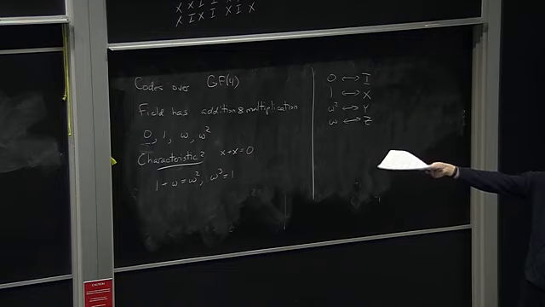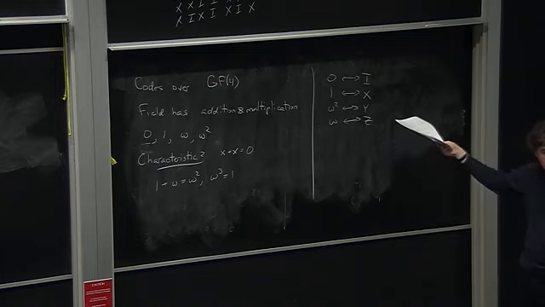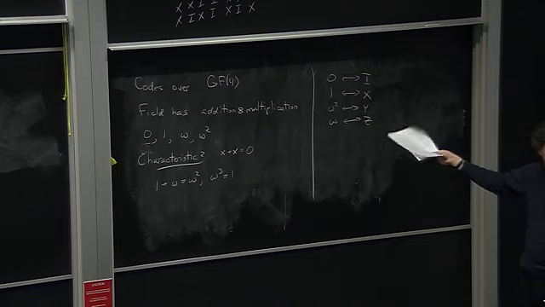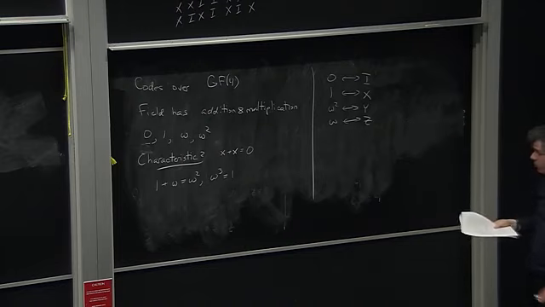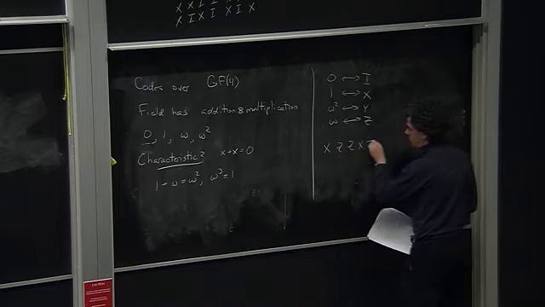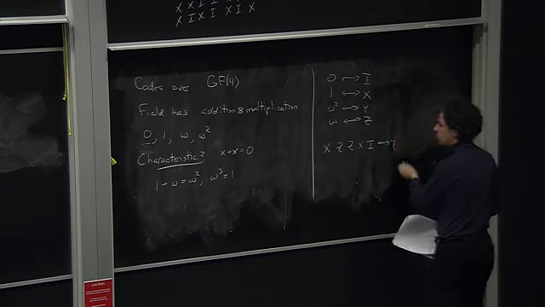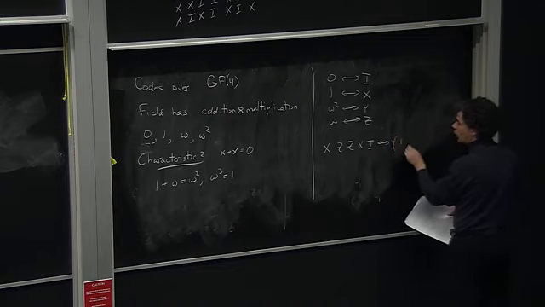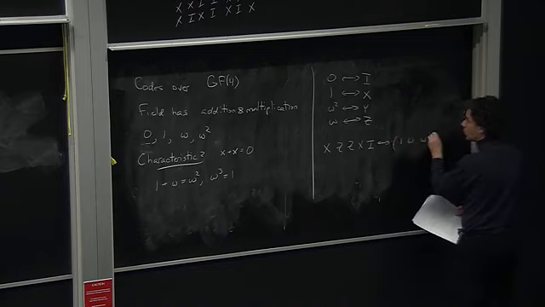Before it was in the symplectic representation, it was a 2n-bit binary vector. Now it's a dimension n vector over this finite field GF4. So for instance, that same operator X, Z, Z, X, I becomes the vector 1, omega, omega, 1, 0.